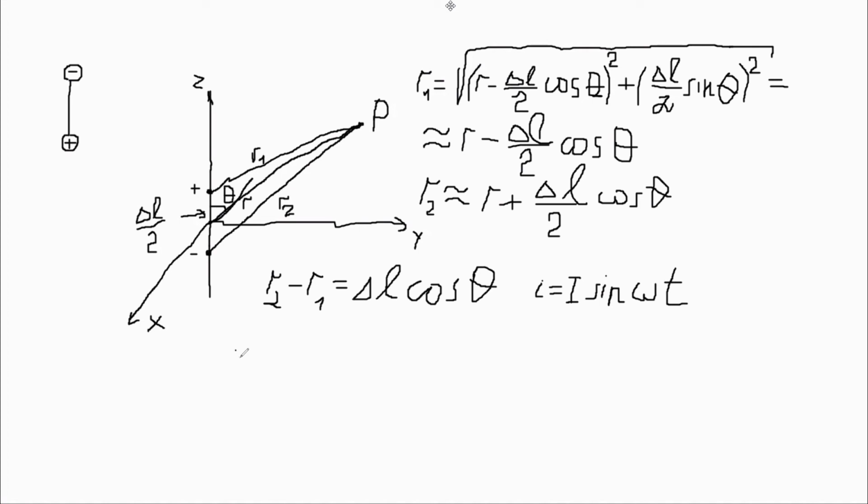Our charge Q will be the integral of how our current changes during time, dt, and it will be equal to the current amplitude divided by the angular frequency, with a minus sign, multiplied by cosine omega t.